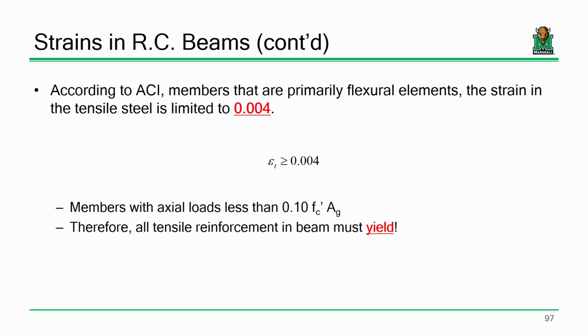If I take this beam and load it, one of those is going to fail first. It's either going to be the concrete in compression or the steel in tension. It's physics. One's going to happen first. I hope that the steel fails first. I want the steel to yield before the concrete fails in compression.